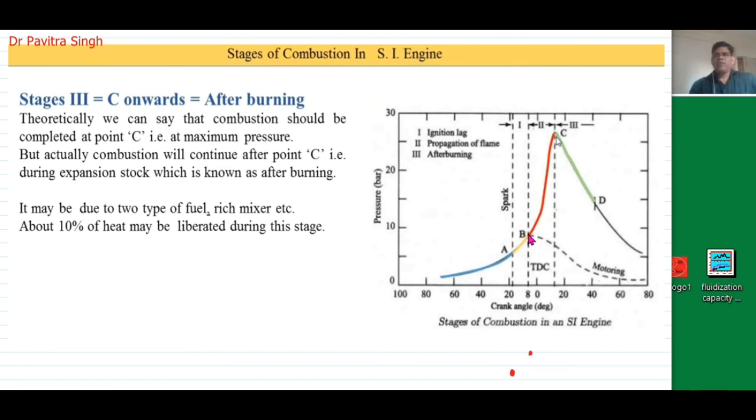If combustion of fuel is not initiated, it will be misfiring of the fuel. This fuel will be exhausted from the exhaust valve without providing power, so this process will be missed. There will be no flame propagation and after burning if there is misfiring of the fuel.